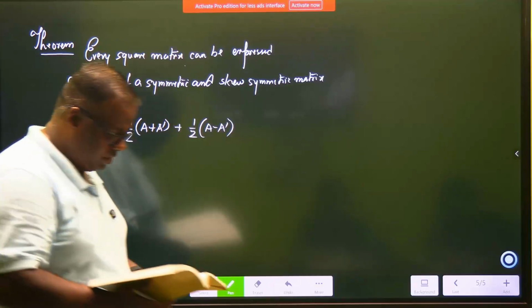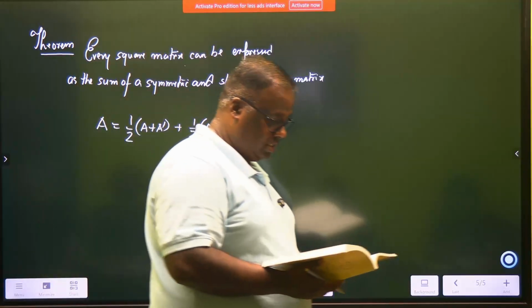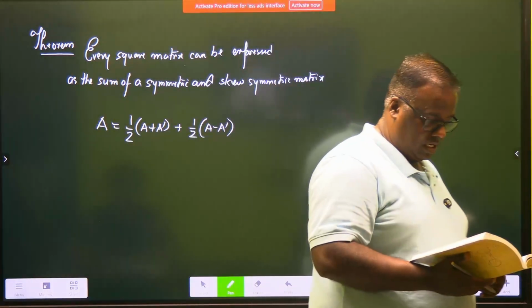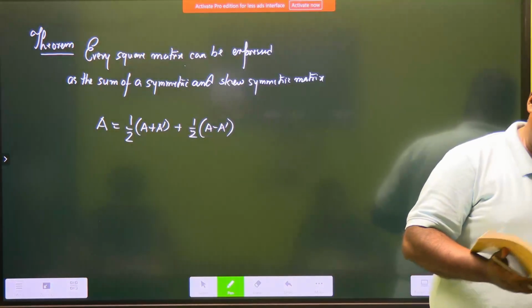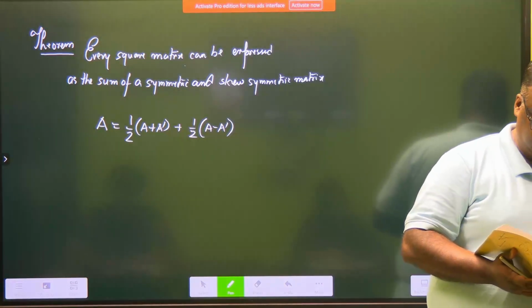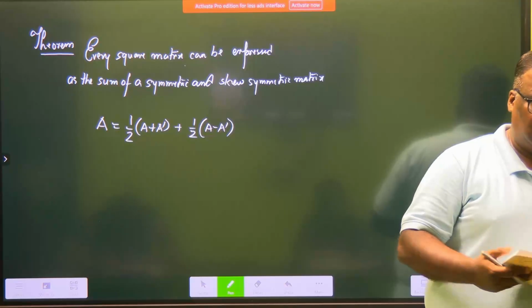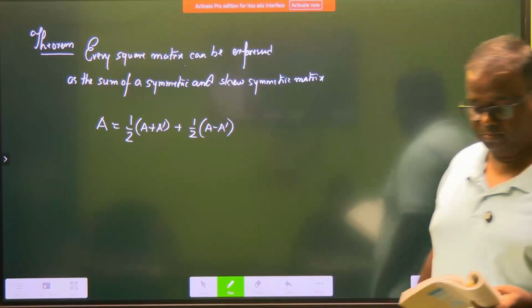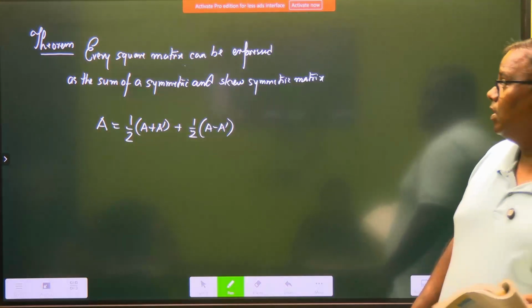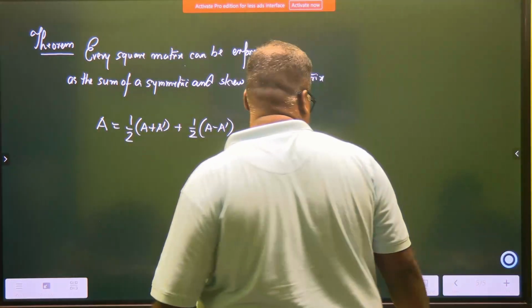Every square matrix can be represented as a sum of a symmetric matrix and a skew symmetric matrix. Half is just what you call a scalar multiple. Based on this, now we will have our problems. Theorem is fine with you?